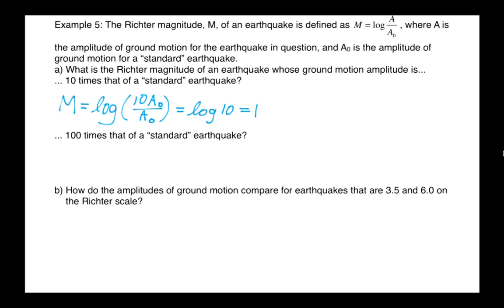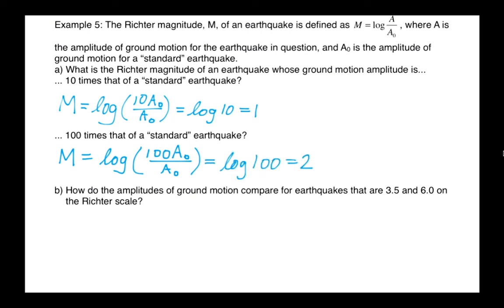And if you have 100 times the amount of ground motion, what you'll notice is that this is a Richter scale value of 2.